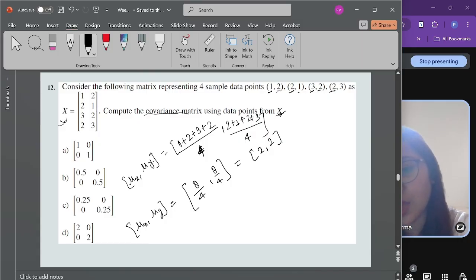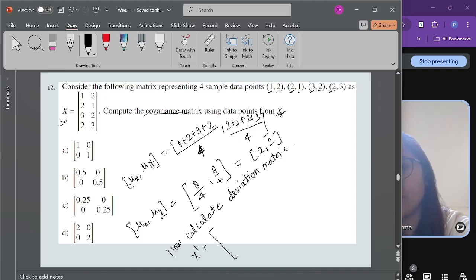Now we have to calculate the deviation matrix. Let's say it is represented by x dash. It is x minus mu.